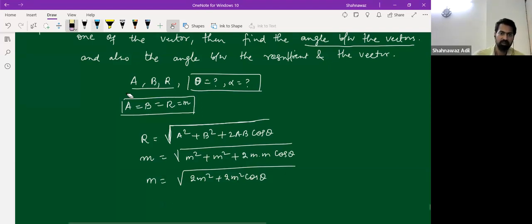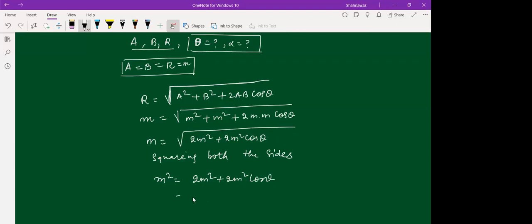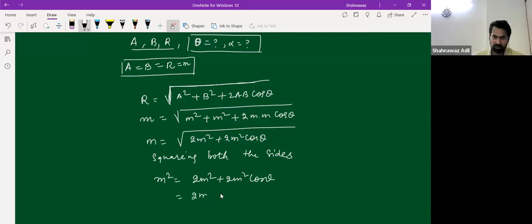Squaring both sides, we would get M square equals 2M square plus 2M square cos theta. So what is common here? 2M square is common, and this is 1 plus cos theta.